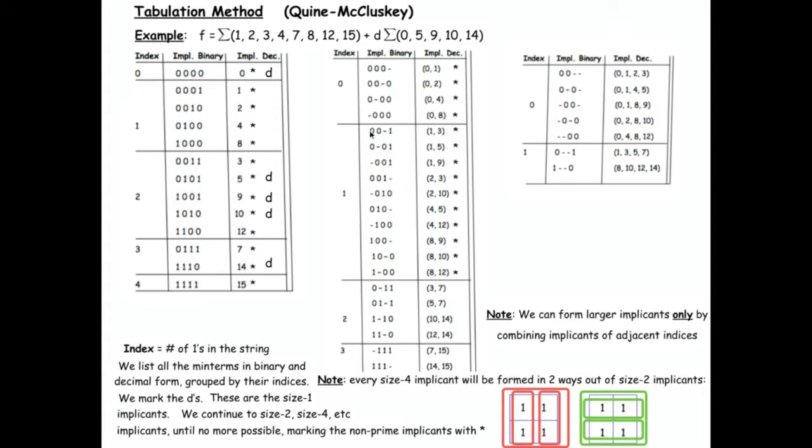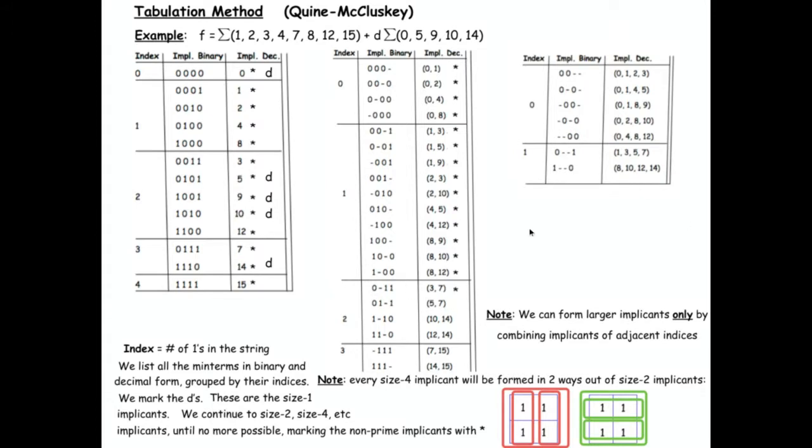So if we have, in this group, we start with, let's say, 0-1, so it's 1, 3, and as we keep comparing them, the one that it's going to be next to is 5, 7, right? That's the only new one that we get, because it doesn't have a star yet there, so we get 0, 3, 5, 7, and we'll put a star there.